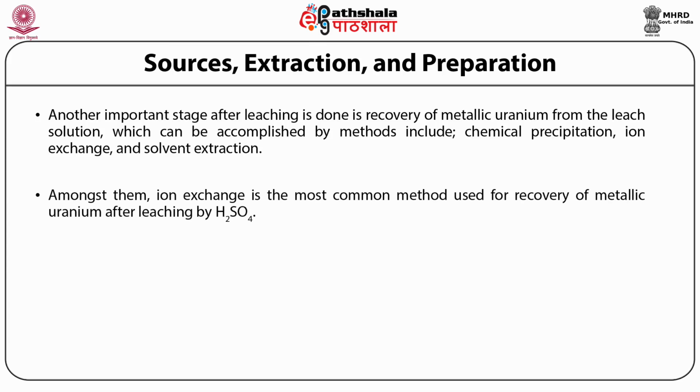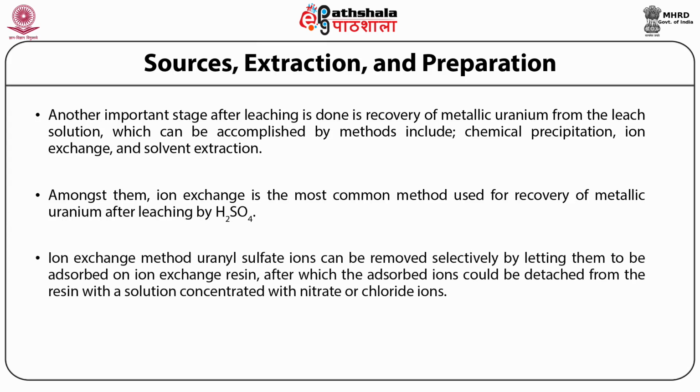Amongst them, ion exchange is the most common method used for the recovery of metallic uranium after leaching by sulfuric acid.